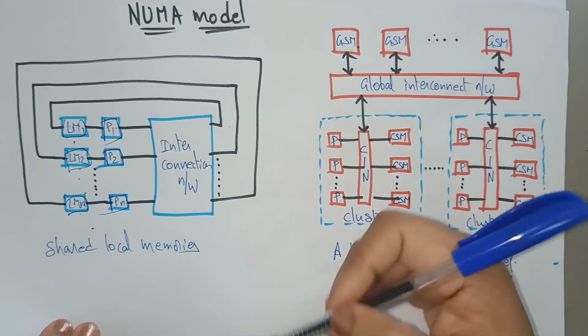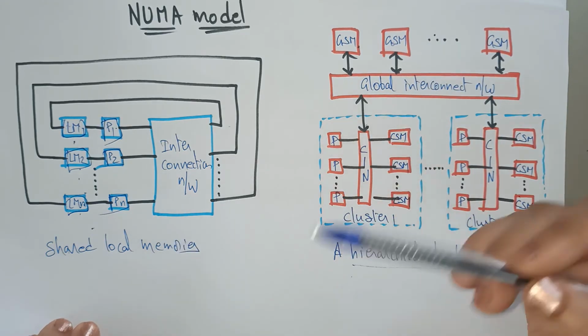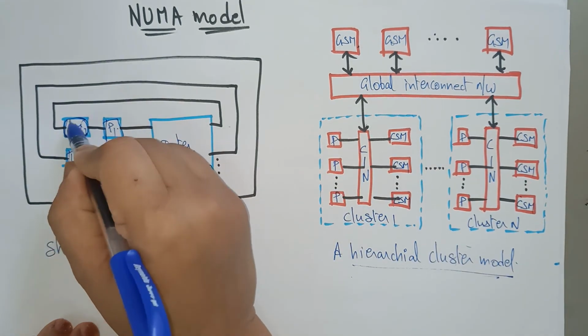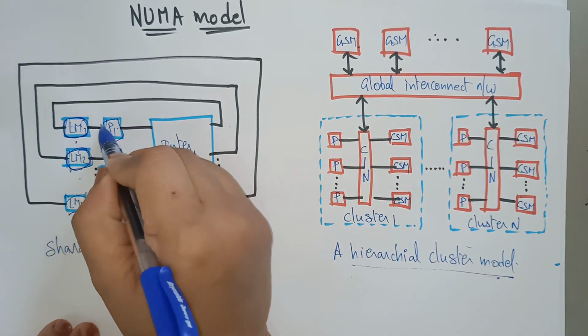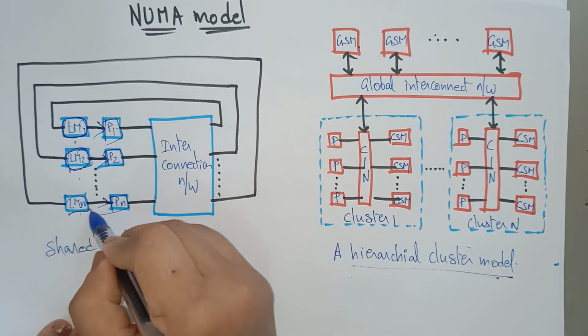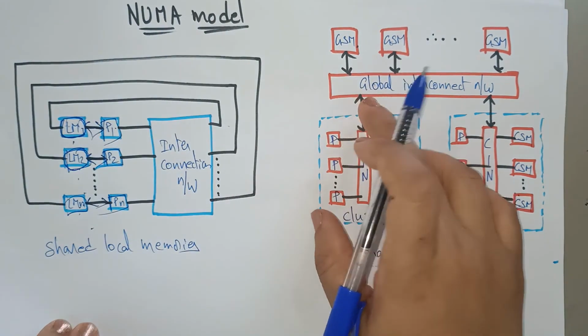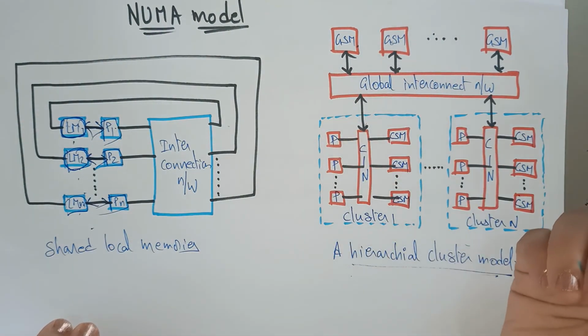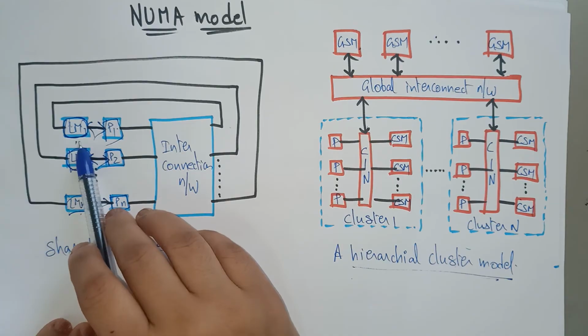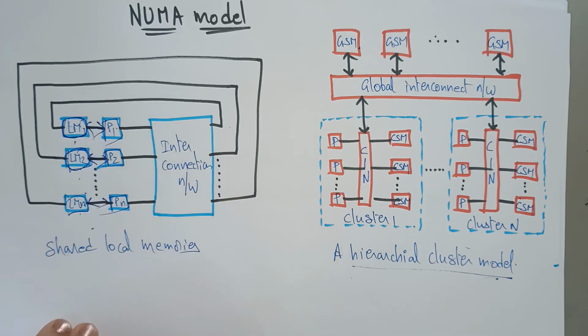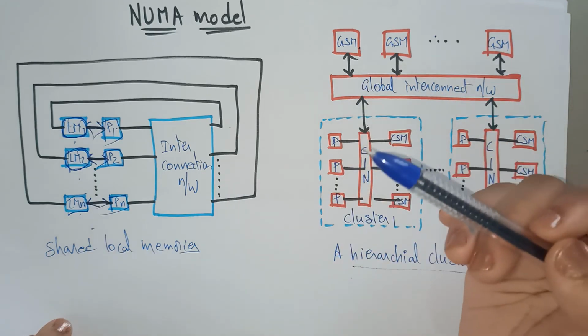Why are we using this concept? It's faster to access content within the local memory. Suppose the data is present within the local memory, then accessing is very easy and very fast. Rather than going to the global memory and getting the data, which takes a lot of time. Accessing the local memory of a processor is faster than accessing the remote memory attached to another processor.